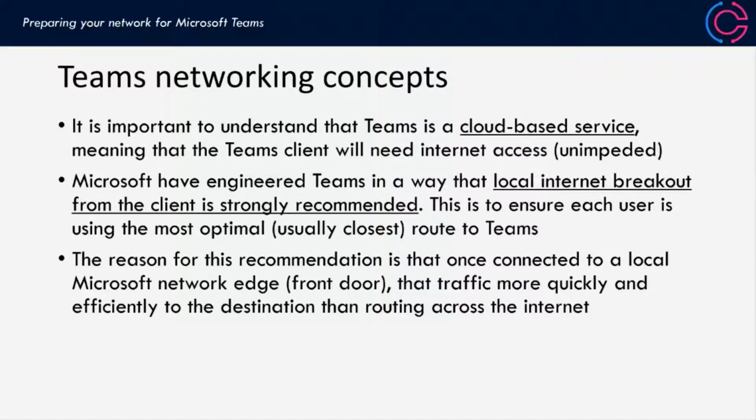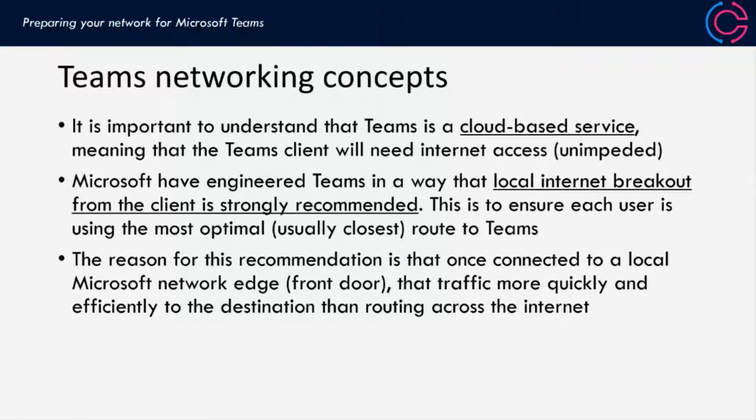And the reason for this is that rather than having a set path for every user to go down, that might not be the most optimal. In a lot of cases, the intent for Microsoft is to get your traffic onto their network as quickly as possible.